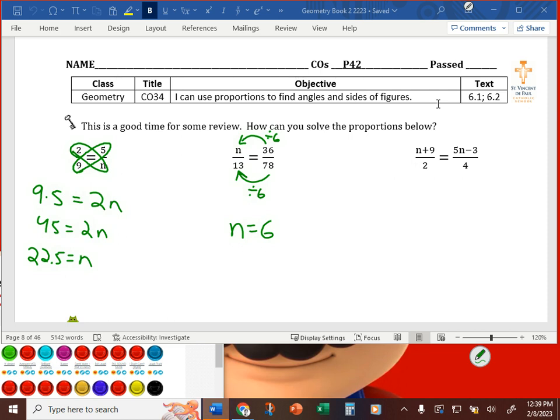Cross products is also one of the ways that we can determine whether something is proportional. If you were to multiply 6 by 78 and 13 by 36, you get the same product. It's a way to determine if two things are proportional, or in this case, solve for a proportion. This is like pre-algebra proportions. Where we're going this year, and we did a little bit last year too, there's extra stuff going on.